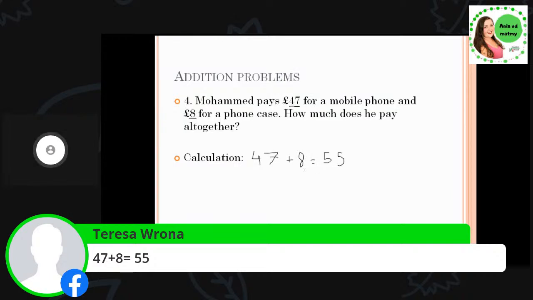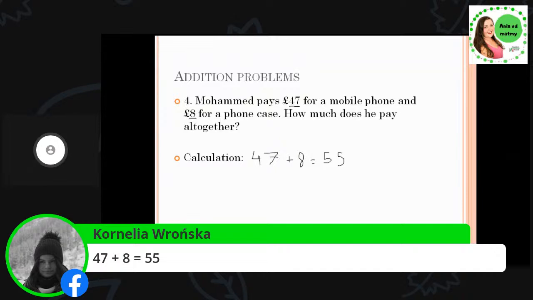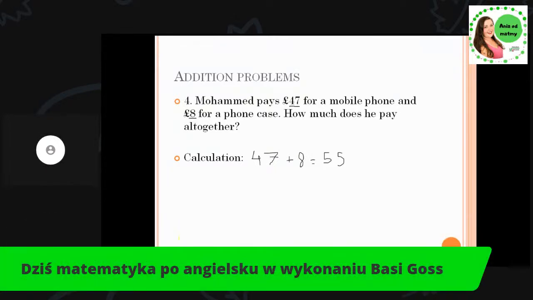55. Which word tells us that we need to use addition? Which word helps us to decide that we need to use addition? Yeah, this word is altogether. Altogether is telling us that we need to add something.